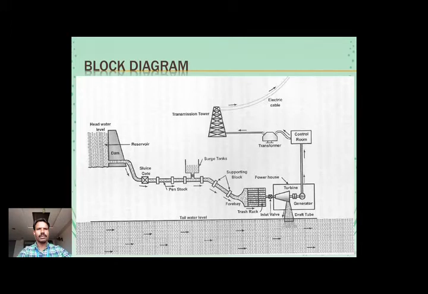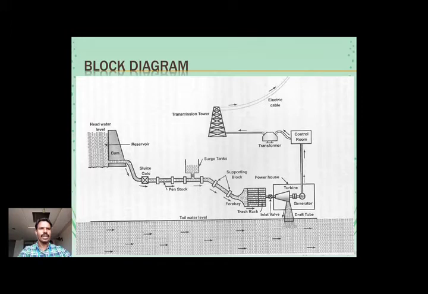This is the block diagram. For every diagram, you should list out the components. Reservoir is the storage place, then dam, gate, penstock, surge tank, supporting block, powerhouse built with turbine, generator, draft tube, and inlet valve connected from the turbine to the tail water.